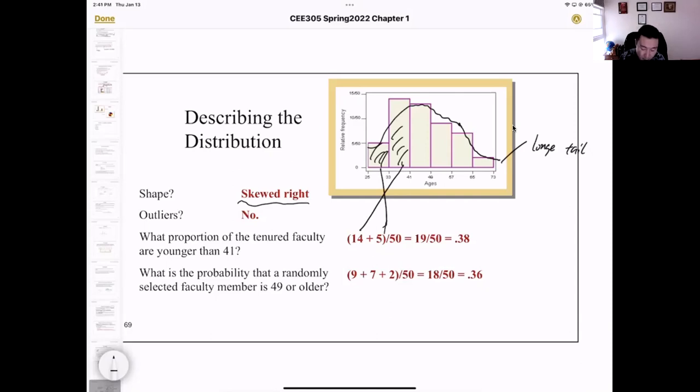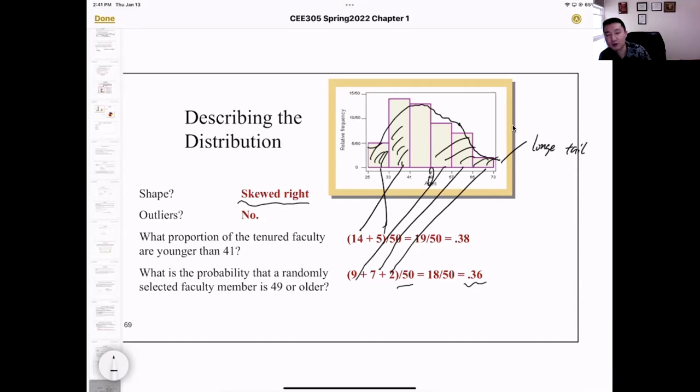What is the probability that a randomly selected faculty member is 49 or older? 49 is here. 49 or older is in these areas. So we add 9 plus 7 plus 2, divided by the total of 50 professors. That's 36%. So the probability that a randomly selected professor is 49 or older is 36%.